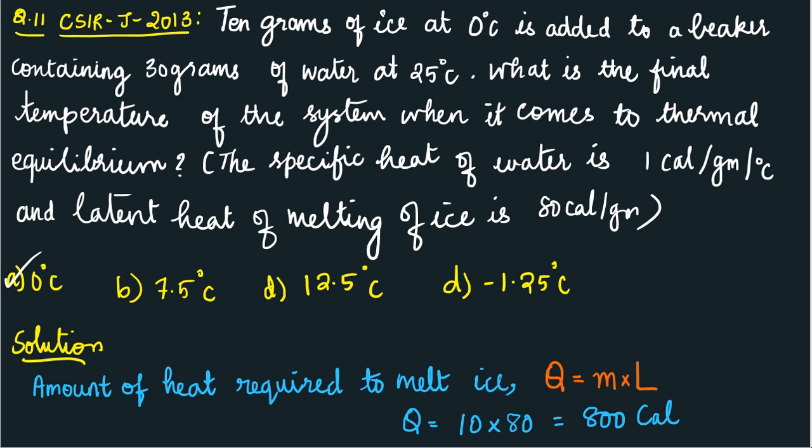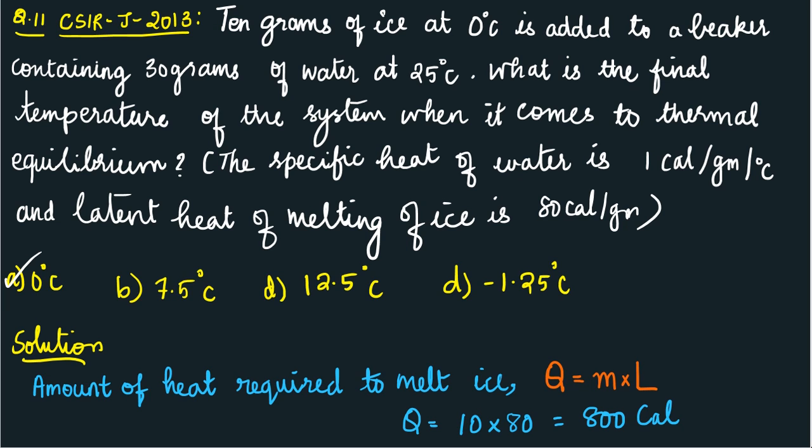Remember, when you have such a question, when ice is melted into water and then water to steam, all such questions belong to latent heat and specific heat. So we will find the heat required to melt ice, and then the amount of heat present in the water.